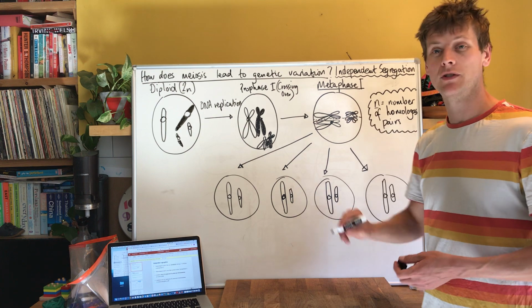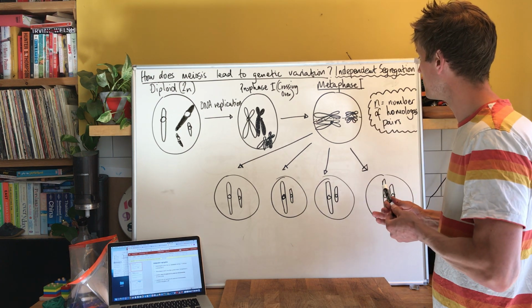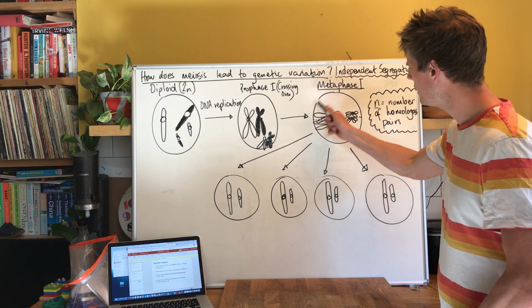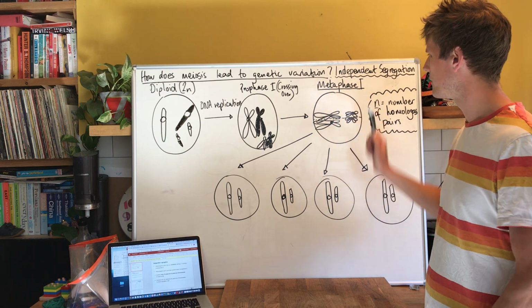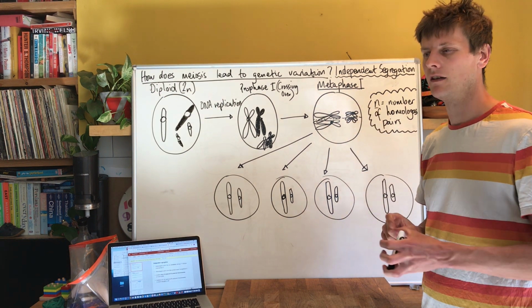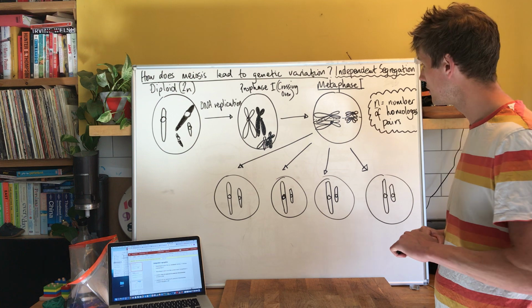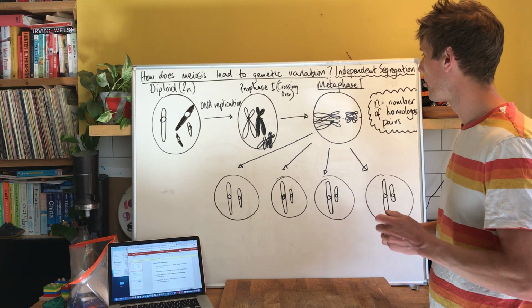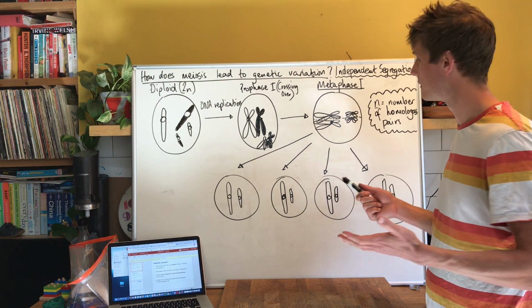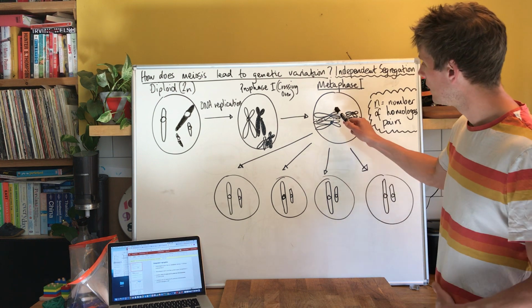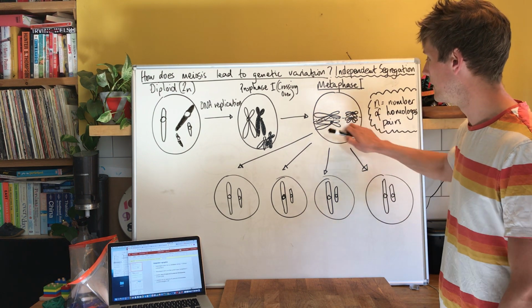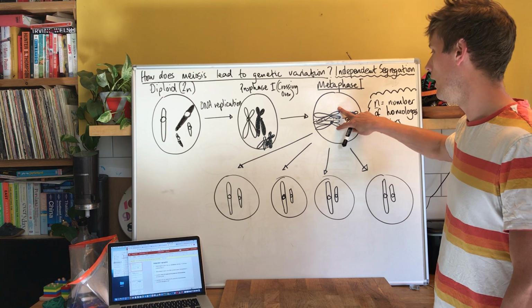When we see those chromosomes across the middle, we know it's metaphase. There is little difference between metaphase 1 in meiosis and metaphase in mitosis. They line up across the equator, still in their homologous pairs.